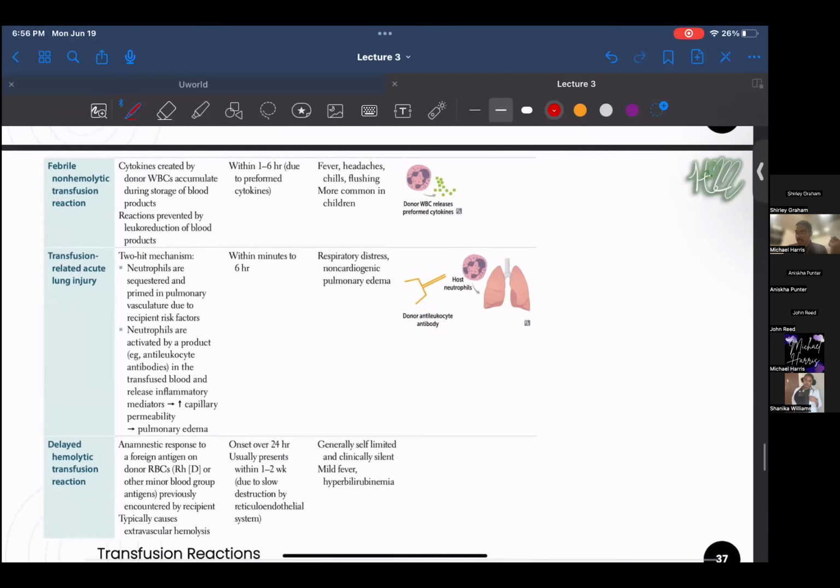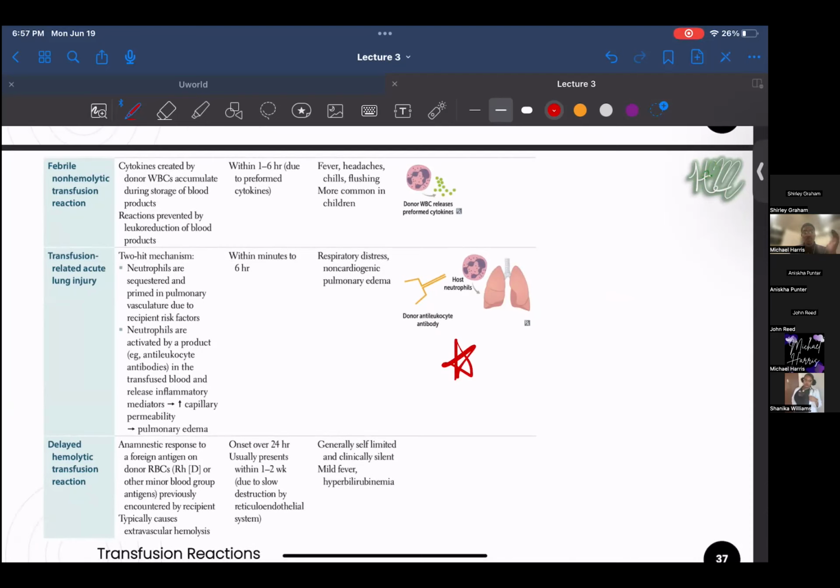Now this one is very important when you get to Med 4, when you start looking at the lungs. Essentially, this reaction is due to antibodies and white blood cells being present in the donor blood.